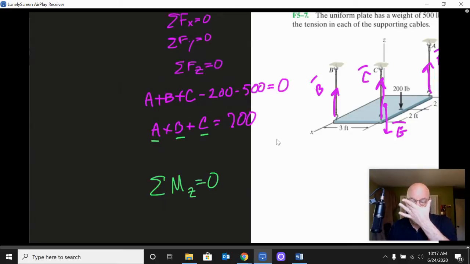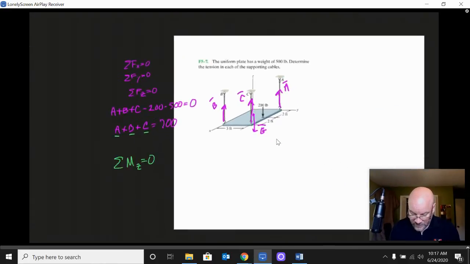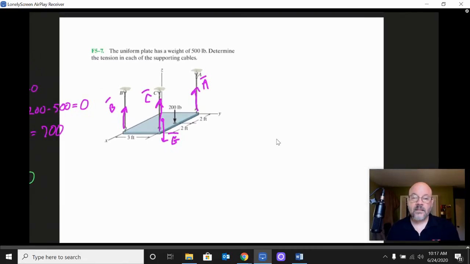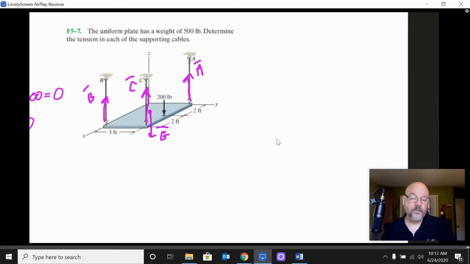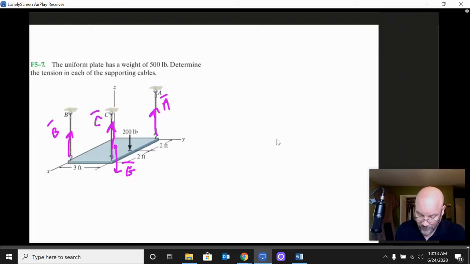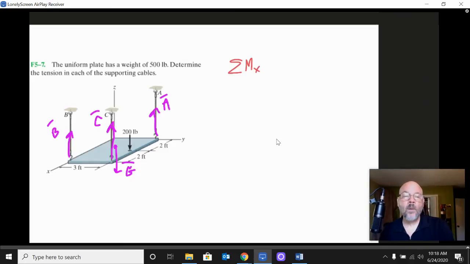So the easiest thing to do here is just to think about the moment around X and Y. So let me grab another color here. What we're going to do then is look at our moments that are parallel to the x-axis.